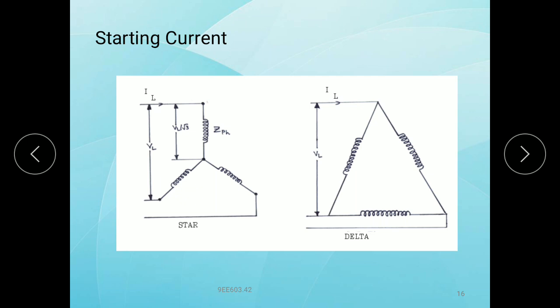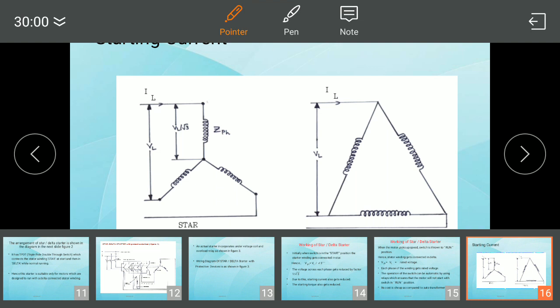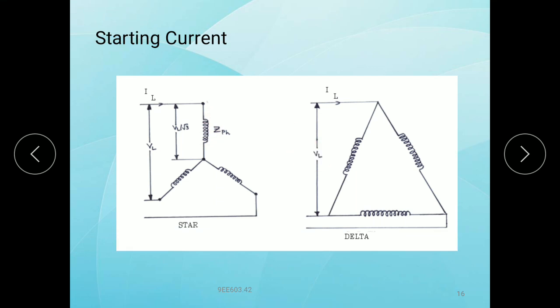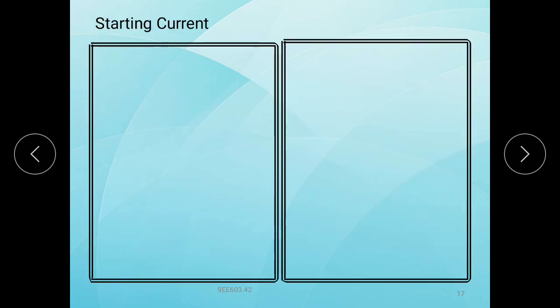In delta, IL is line current, VL is line voltage. Here line voltage is VL in both, but in star the phase voltage is VL by root 3, while in delta the phase voltage is VL.